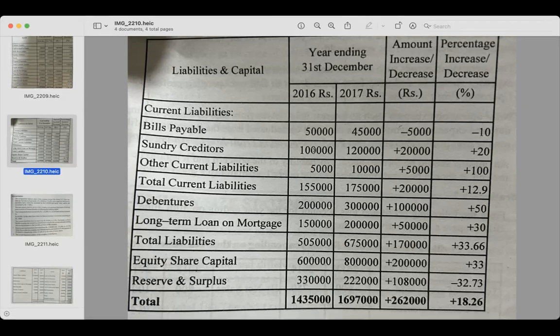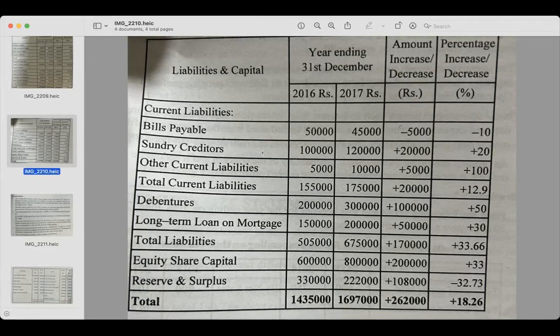It's 1 lakh in the first year and 1,20,000 in the second year. There is an increase, so increase is indicated with the plus. 20,000 increase by the original amount in the first year, 1 lakh, into 100 gives you 20%. What is the 20% increase or decrease? It is an increase of 20%, indicated with a positive sign.